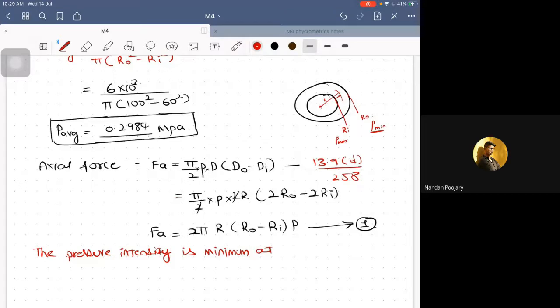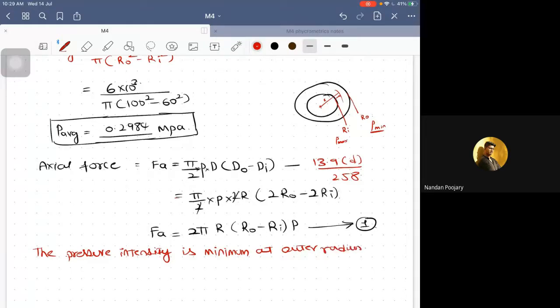Inner or outer? I told you just now. Outer. So just write outer there. Okay, so outer radius.